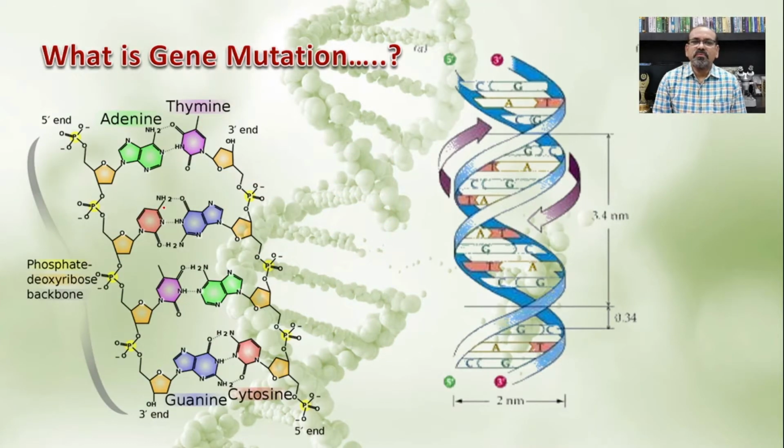Now, what is gene mutation? Before understanding the meaning of gene mutation, we have to understand the meaning of gene first and the meaning of mutation at the second level, so that we will be able to understand the correct meaning of the gene mutation.